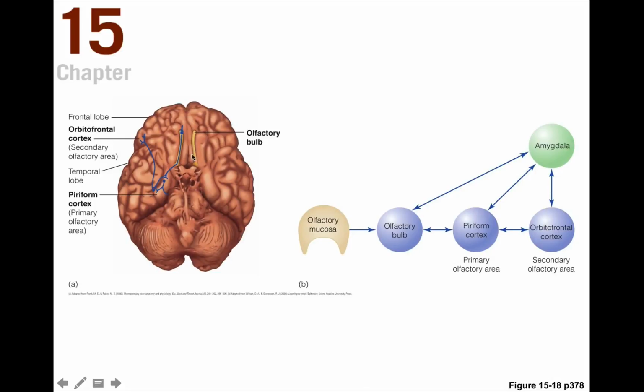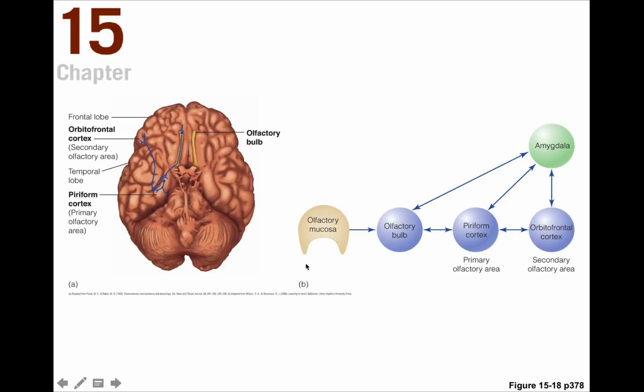So underneath the brain you have the olfactory bulbs, which are these two little thin structures here. Information comes from your nose, goes into the olfactory bulb, from the olfactory bulb to the piriform cortex, and also to the amygdala, to the temporal lobe, and then finally to the orbitofrontal cortex right about here.